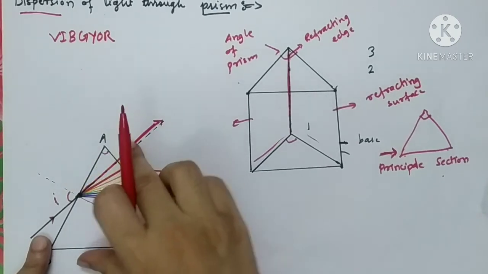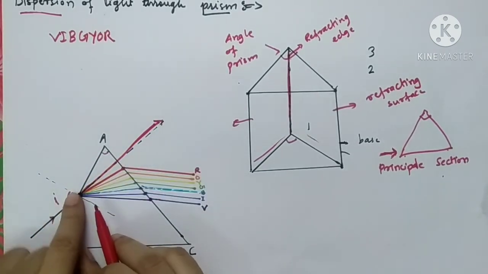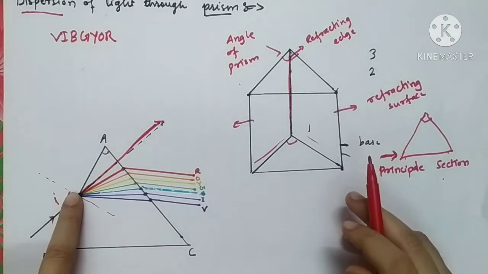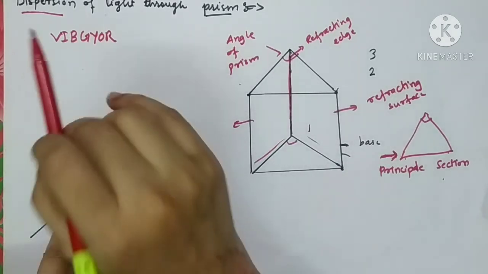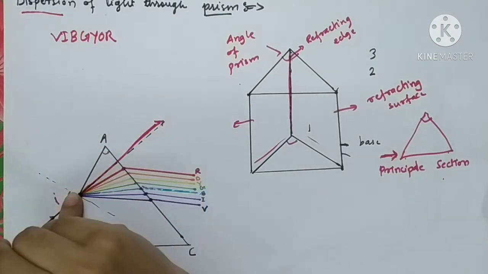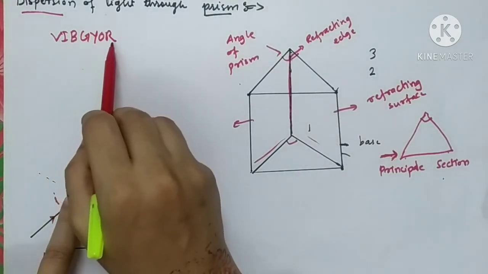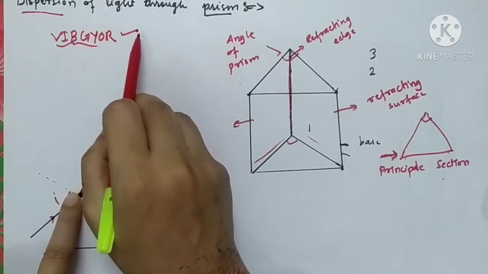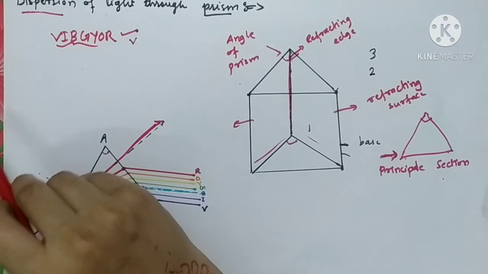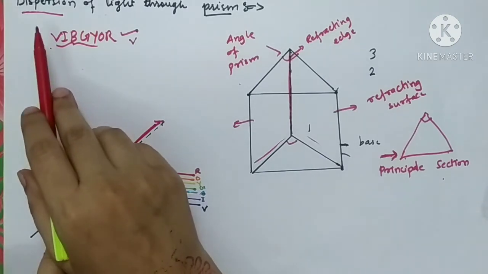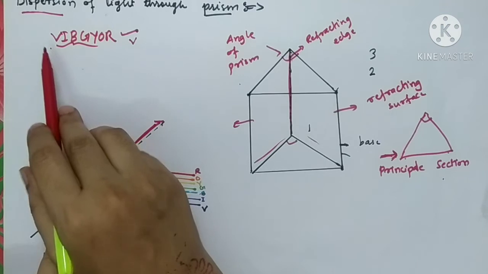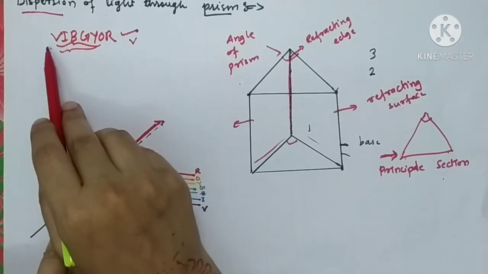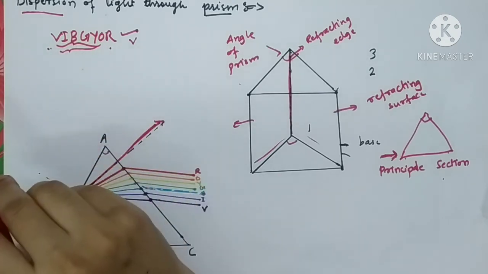When we place a prism, this incident ray will suffer different types of refraction, as it consists of 7 different colors. The 7 different colors are due to 7 different wavelengths of this light ray. Out of these 7 colors, the red color has the maximum wavelength as well as maximum velocity, while the violet color has the minimum wavelength and minimum velocity, while the rest of the colors have their wavelengths and velocities in between violet and red.